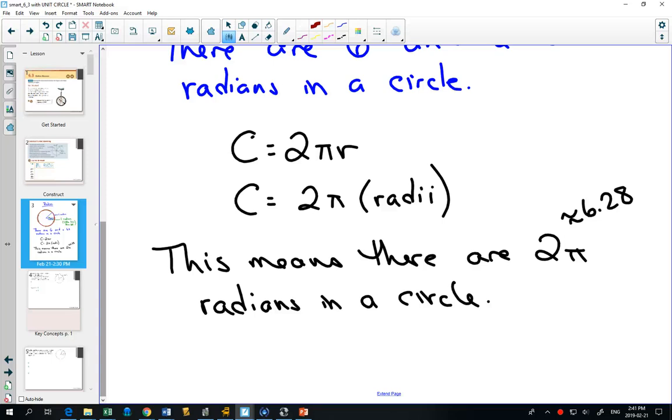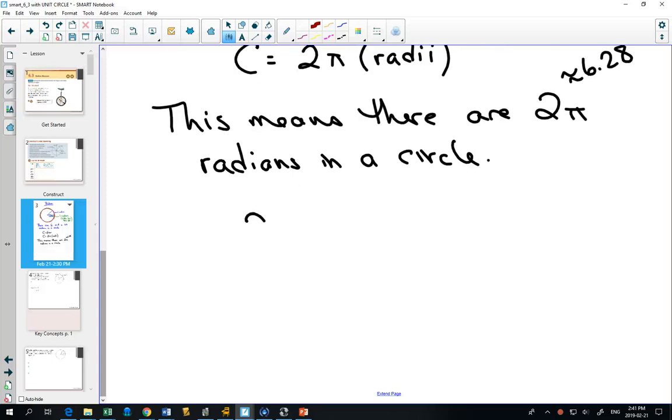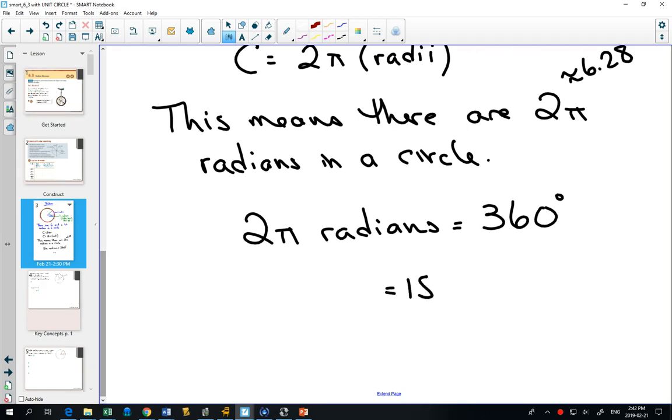So are you okay to say that 2 pi radians is equal to 360 degrees? That means that 180 degrees is how many radians? Half of that would be pi radians.